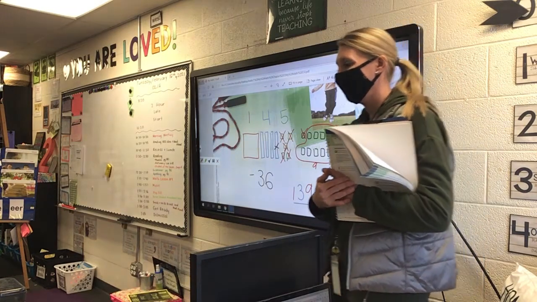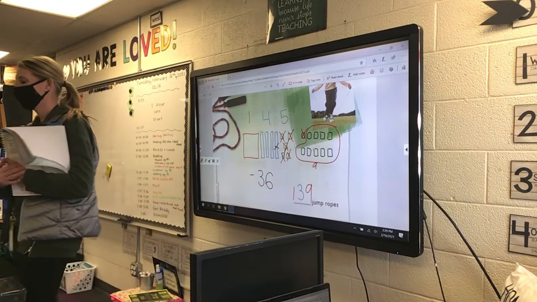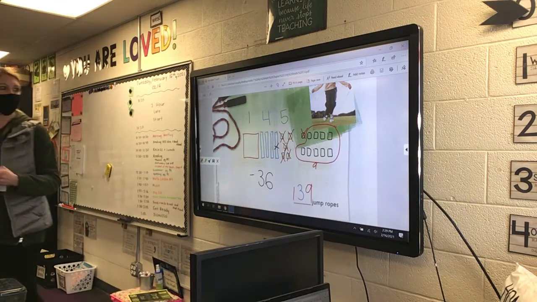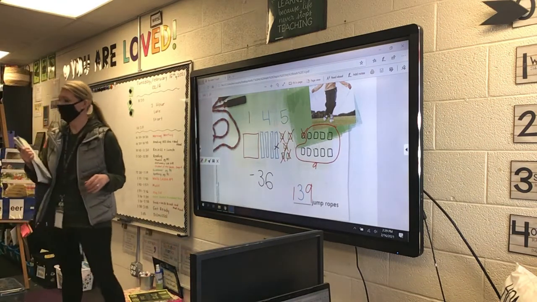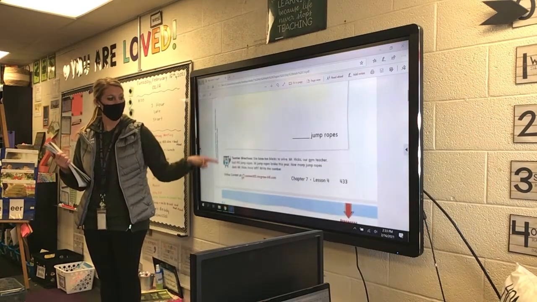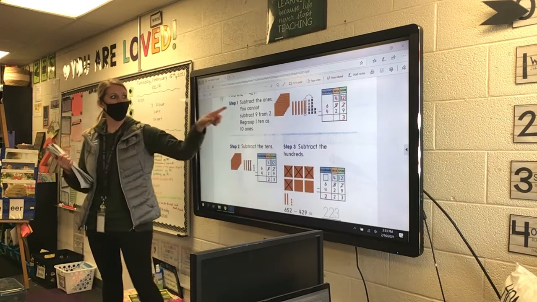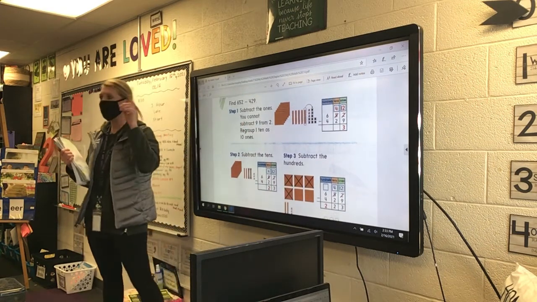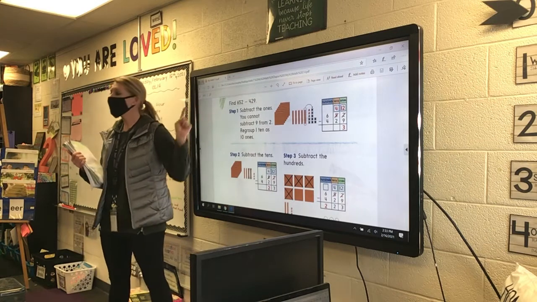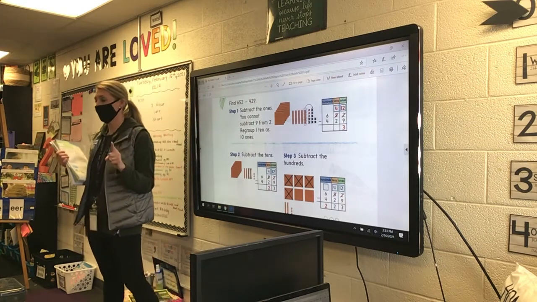Okay. All right, let's flip your paper to the guided practice. On the guided practice, let Mrs. Murphy review the steps. Our first step when we practice subtracting is we have to subtract the 1s.